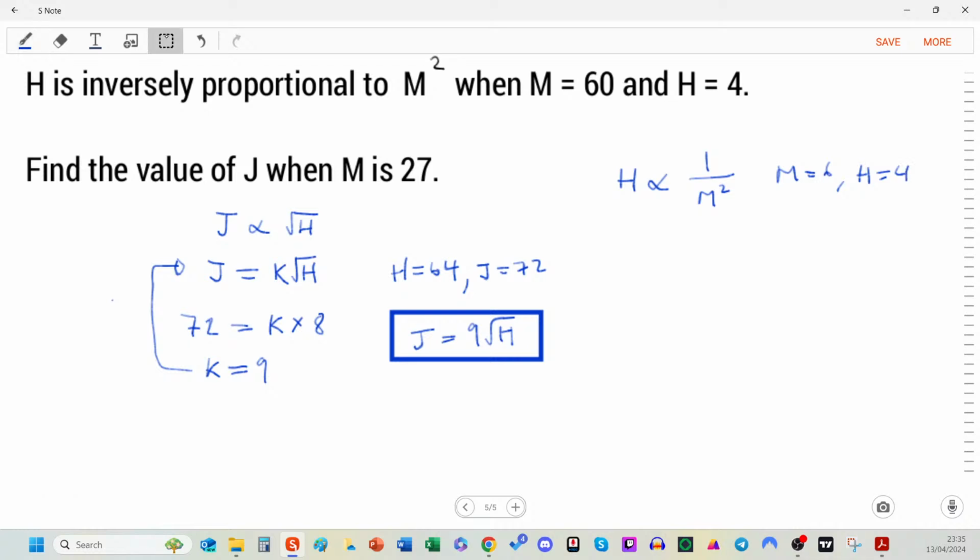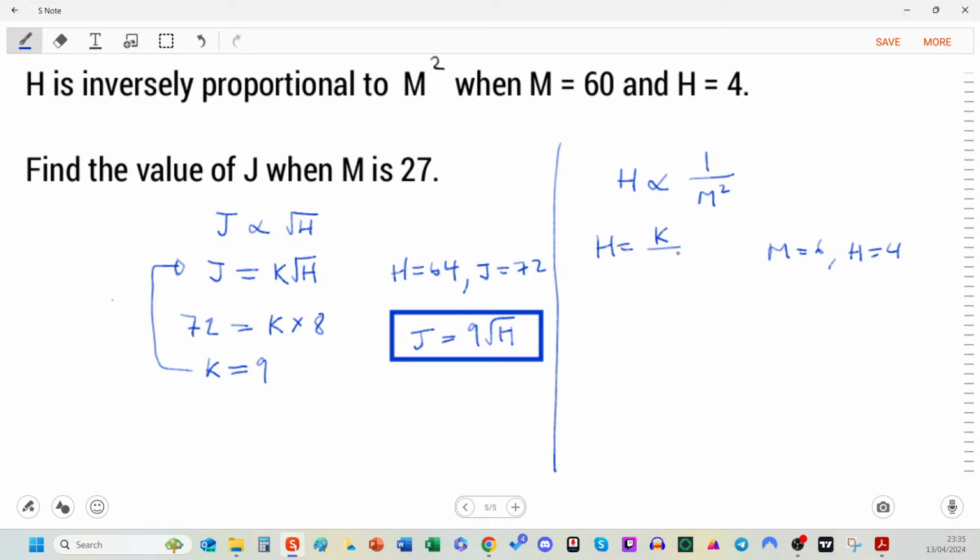Again, I've jumped the gun. I should probably write this here because we need the equation. Let's section this off. H is equal to k over m squared, like so. And we're going to put that in to find out the value of k. So that's 4 is equal to k over m squared, which is 36. And actually, is this correct? Is it 6? No, it's not 6, it's 60.